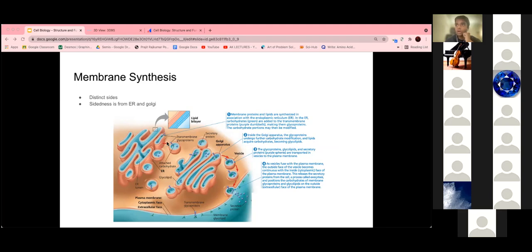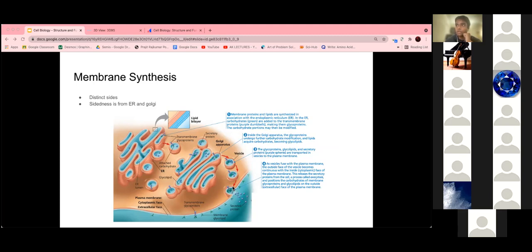Then after that, the glycoproteins and the membrane are transported to the Golgi apparatus via a vesicle, and then in the Golgi, the glycoproteins will undergo further modifications to the carbohydrates, and the lipids will acquire carbohydrates at times and turn into glycolipids. And then the Golgi transports the finished product in secretory vesicles to the plasma membrane.